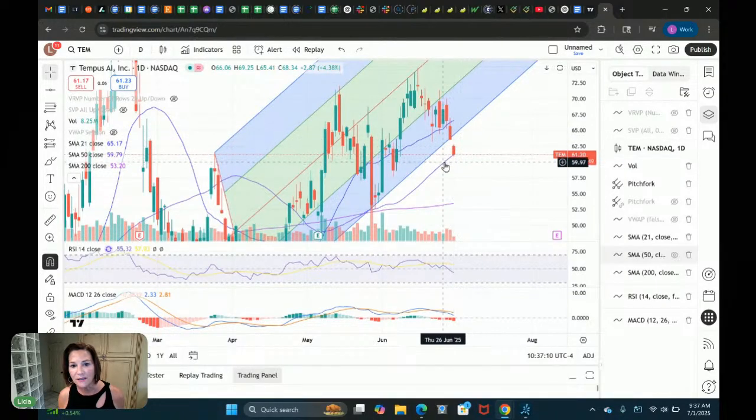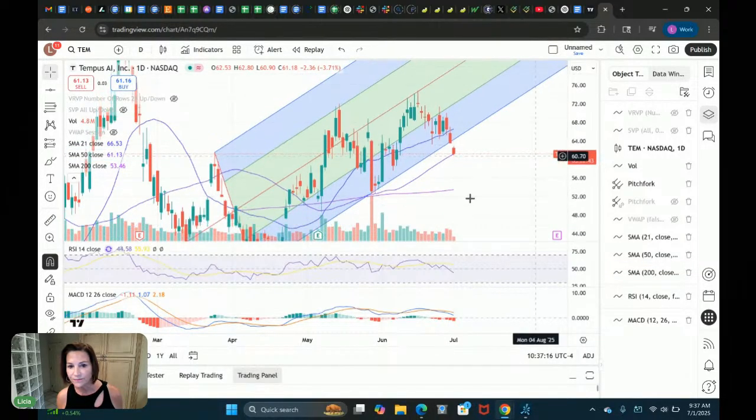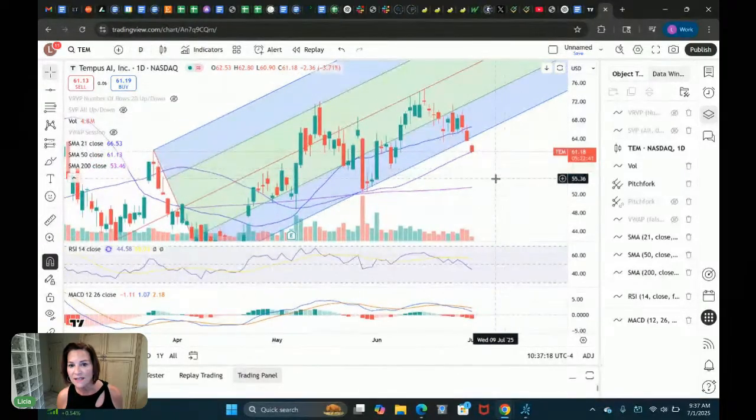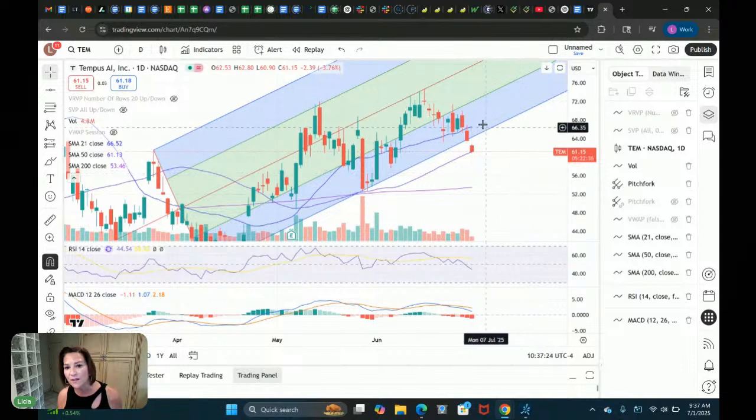Now, today, it's failing our support level on the Pitchfork. It's holding the 50-day. Now, what do I do in a case like this? I need that price to reveal itself. I needed it to show me that it's going to bounce here. So first of all, I needed it to hold and close above the 50-day. But not only that, I needed it to trade back up into my Pitchfork here.